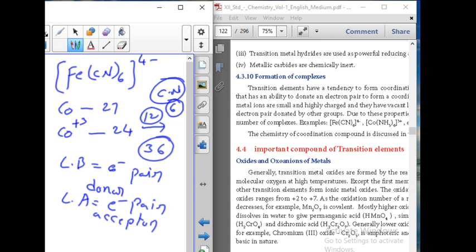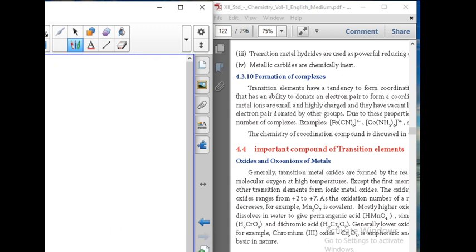You can calculate for each and every element like this. Now cobalt coordination number is 6. I am taking the water molecules, 6, and its stable oxidation state is +3. Water having no oxidation state, so power +3.